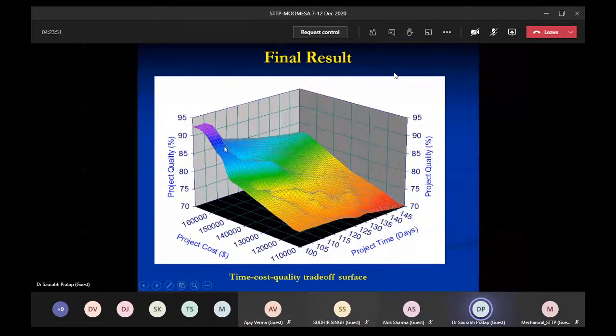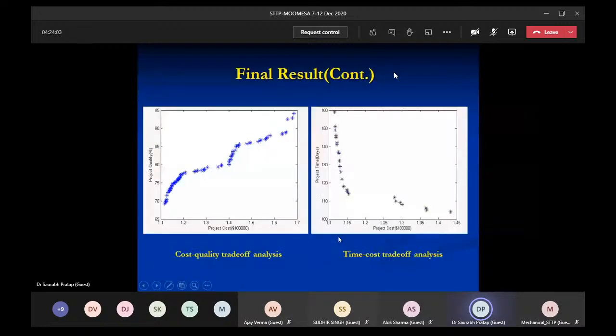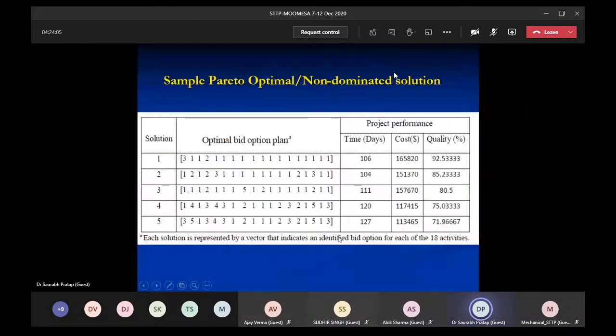So I got a surface that gives the solutions that satisfy all these three objective functions. And this is the final optimal solution.